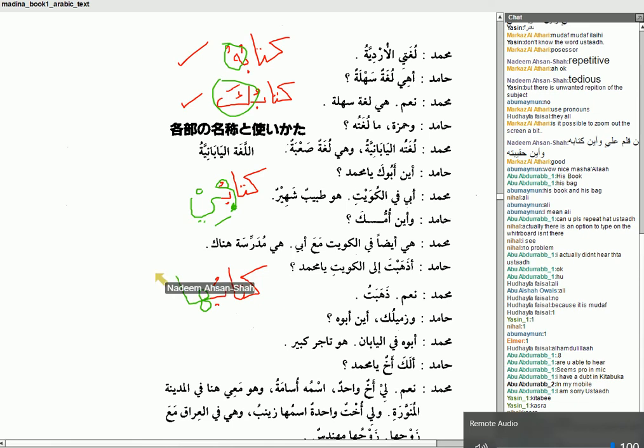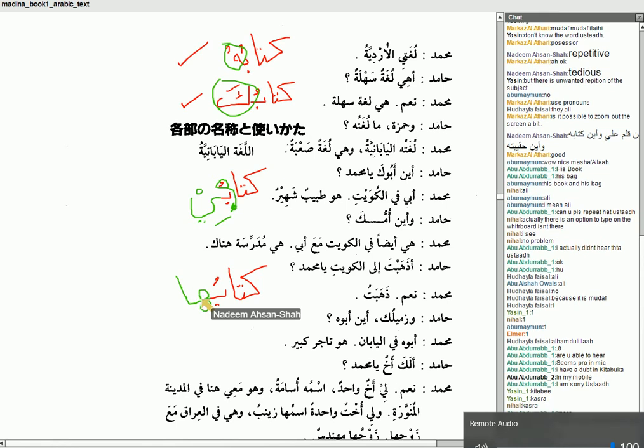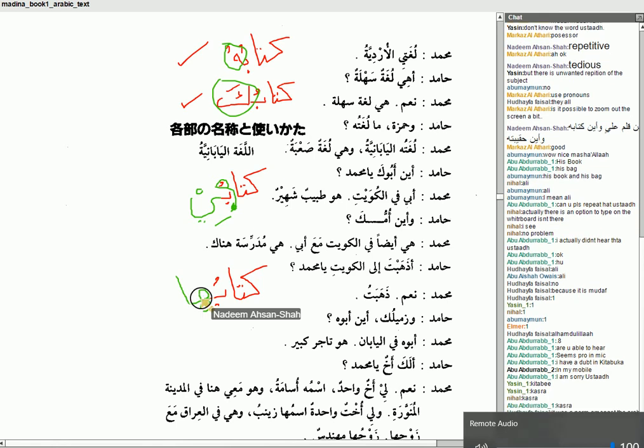Kitabuha. And ha refers to the third person, singular, feminine. Barakallahu fik, Yasin. Third person, singular, feminine. Yes. Her book. This is her book.